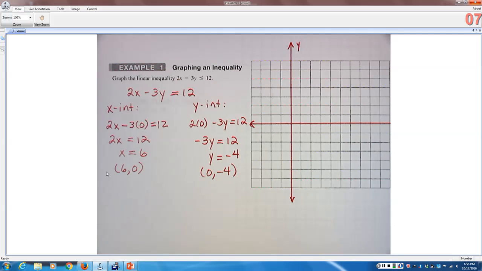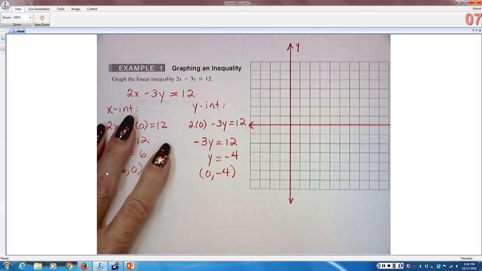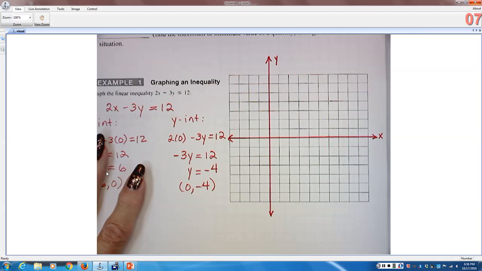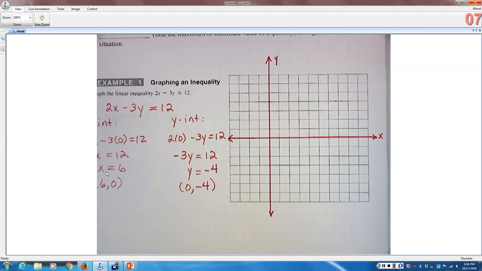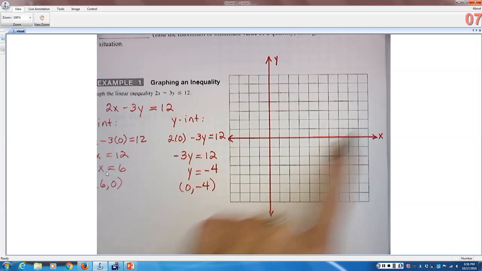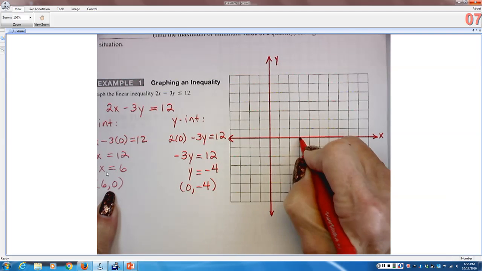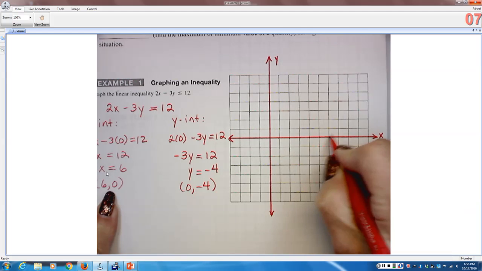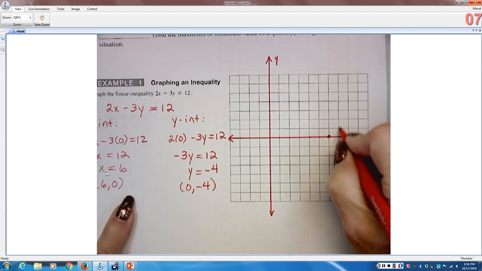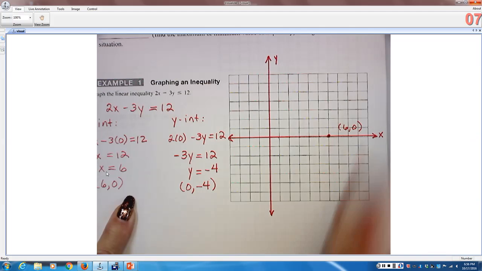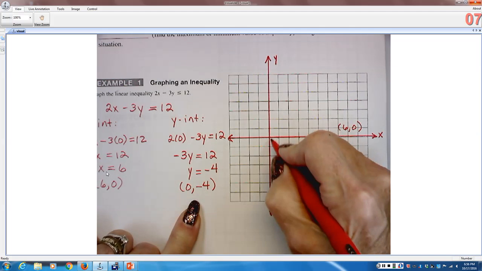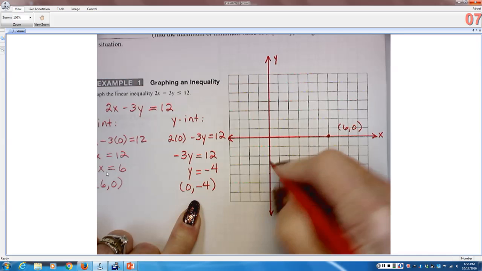And you'll find that I don't always center my x and y-axis because you don't necessarily always have to. And in a realistic situation, we're really only going to be using the first quadrant in a lot of these problems. But we can plot the points here, (6, 0): 1, 2, 3, 4, 5, 6. So there's (6, 0). And (0, -4): 1, 2, 3, 4.